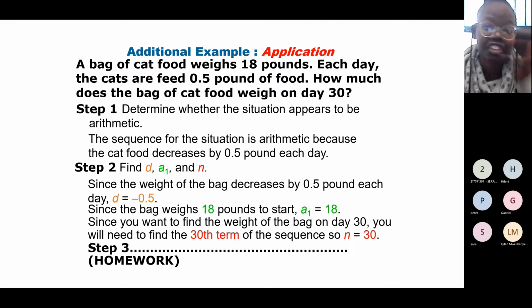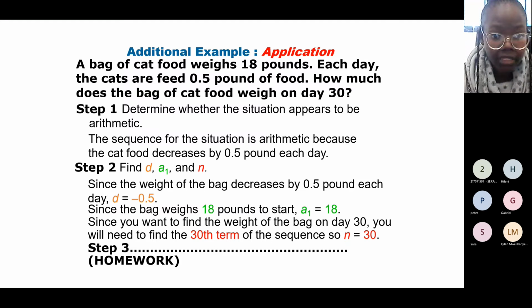So that means it's arithmetic because of that. The next step, you have to find your common difference, find your first term, and find your nth term. Since the weight of the bag decreases by 0.5 pounds, d is equal to negative 0.5. It's negative because the cats are feeding on the food every day, so the food is decreasing. It's being taken away, so it's a negative 0.5.